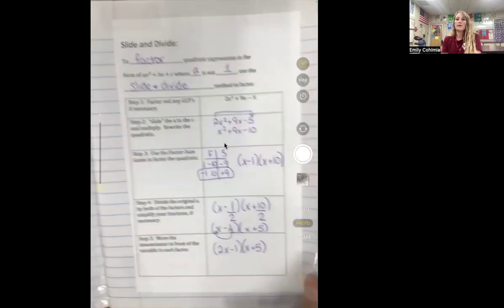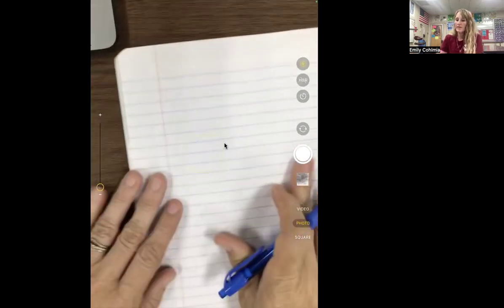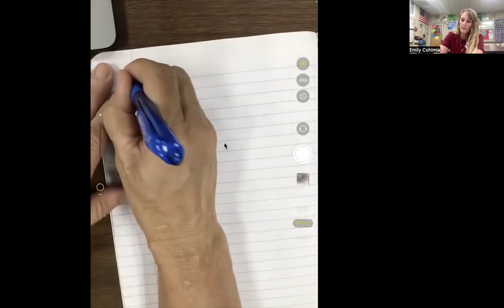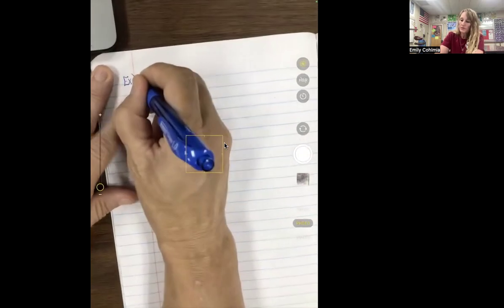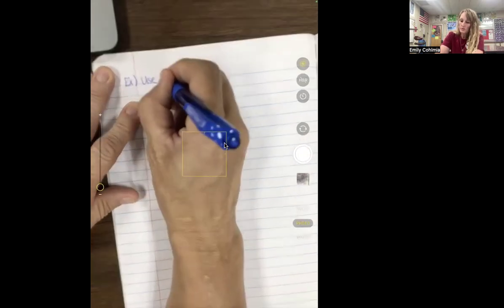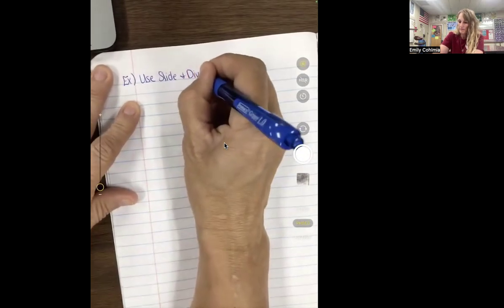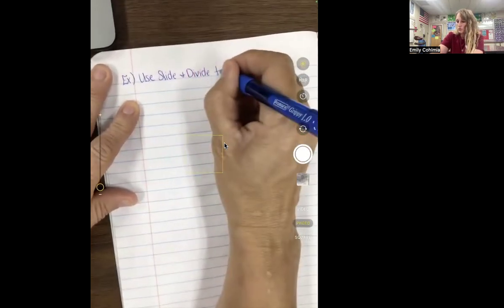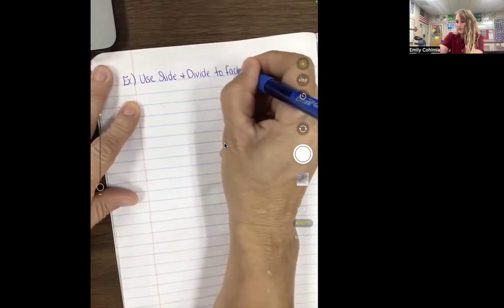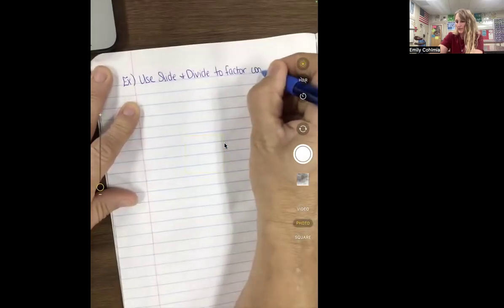So let's do another example of slide and divide just to kind of shake some rust off. So we are going to use slide and divide to factor completely.